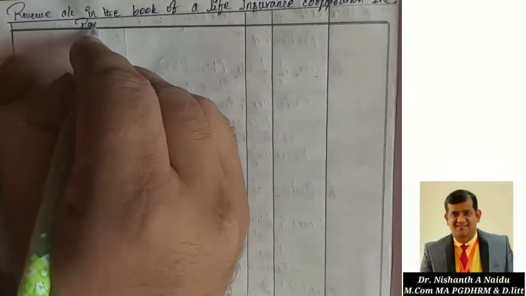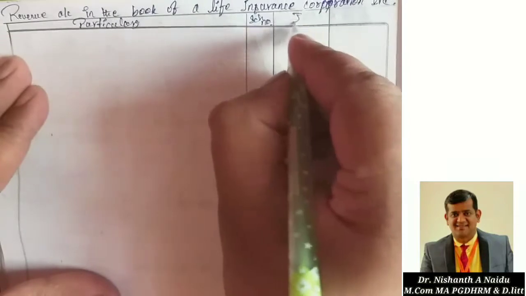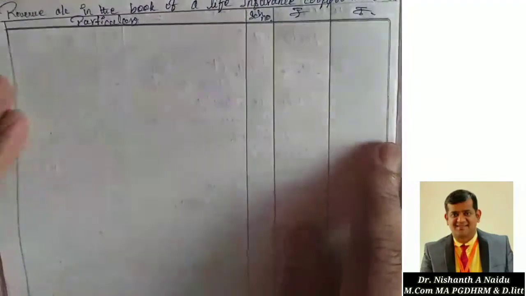Okay, give the headings: particulars, schedule number, rupees and rupees. Okay, so ready with the table.